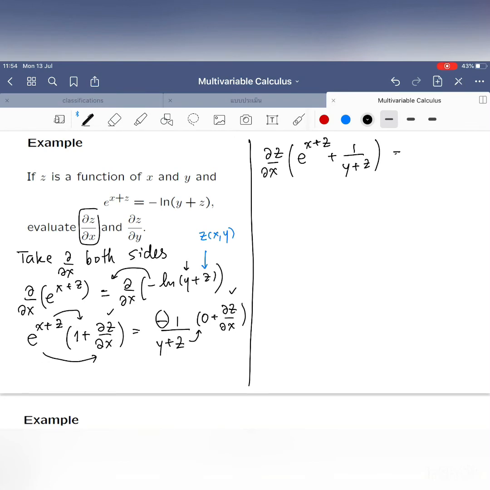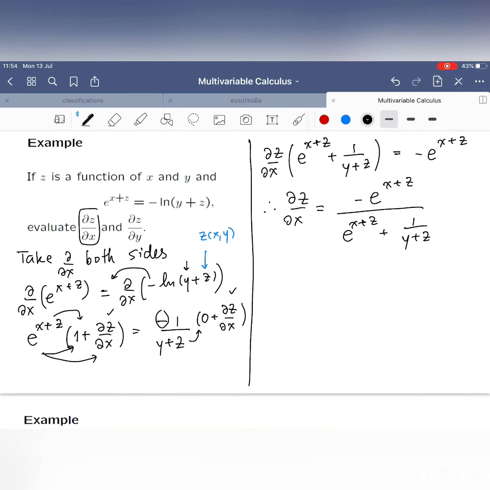Then make it equal to this one, you just move it the other way, so you have negative e to the x plus z. So it means that your dz by dx is negative e to the x plus z over e to the x plus z plus 1 over y plus z.